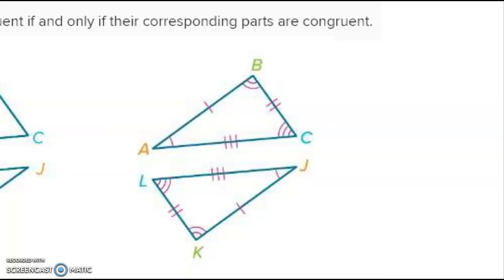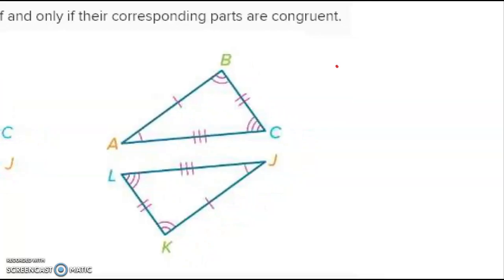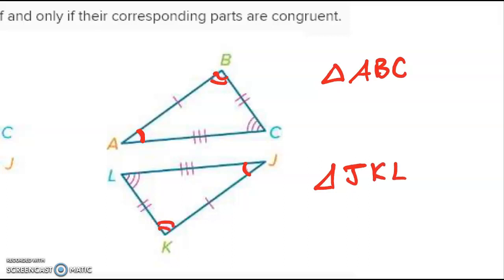So the way that we would want to name this, okay, if I name the first one here triangle ABC, then I have to name the second one in the same order. So since I used A first, its matching angle of J has to come first. Since I used B second, its matching angle of K has to come second, and then L would come last.